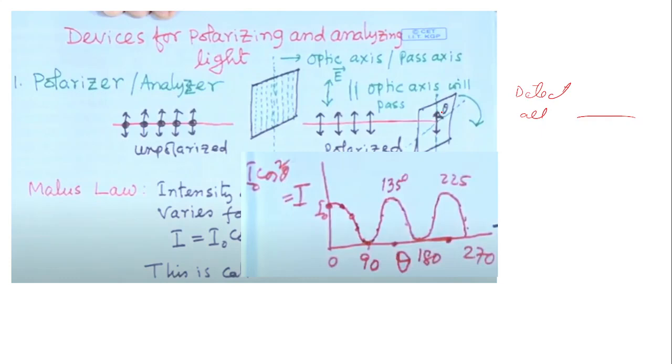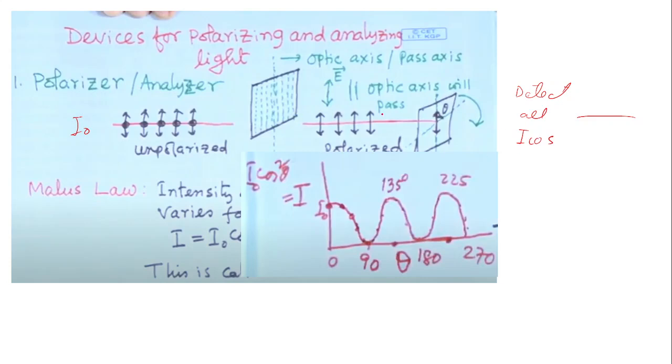But if the analyzer's optics axis is at some angle to the electric field vector variation direction, then we will not get all the light. We will only get a component with cos theta.